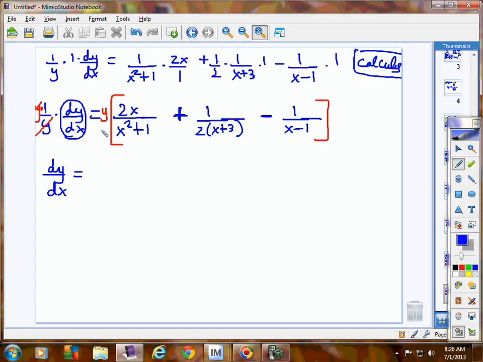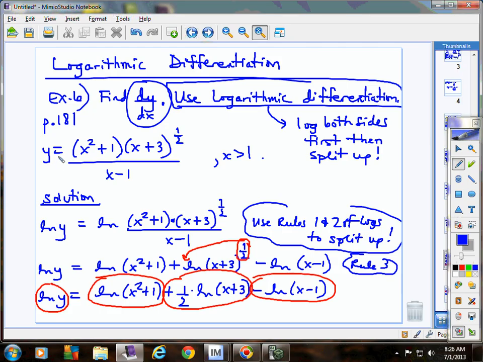But the book wants the answer in terms of x. So at the very end, it's a little simple substitution, but it looks terrible. All they do is change this little y here into what it was in the original problem. This is y, right?